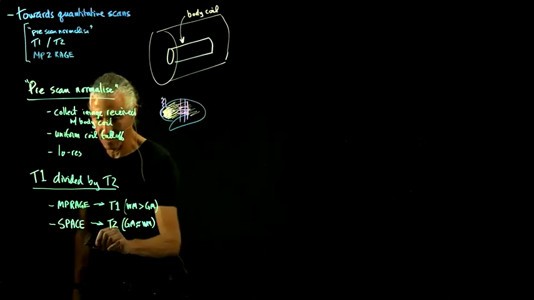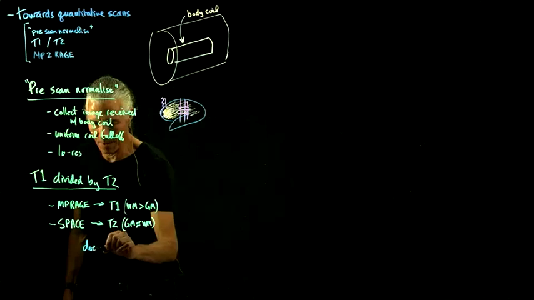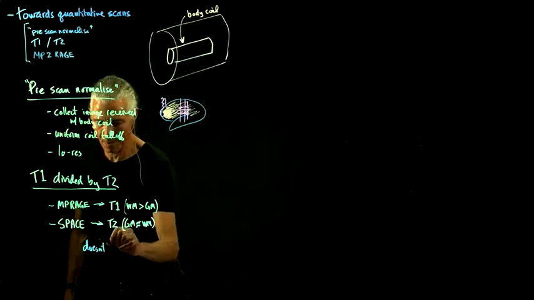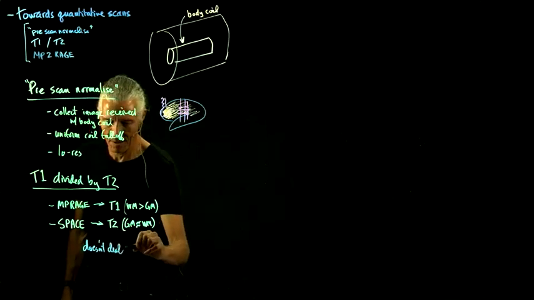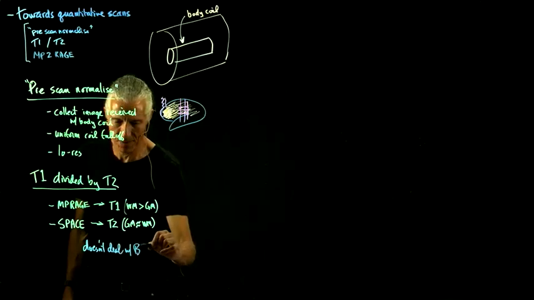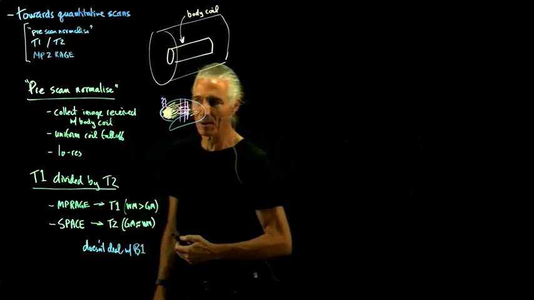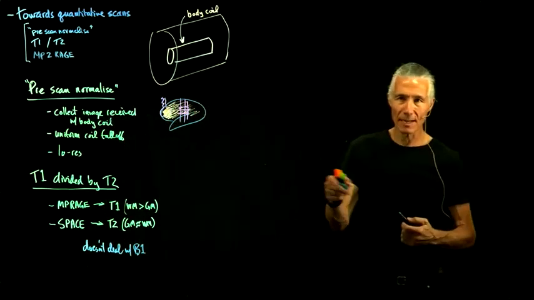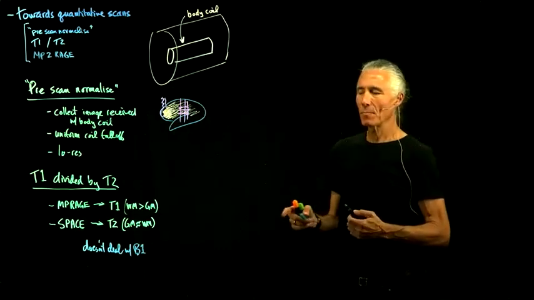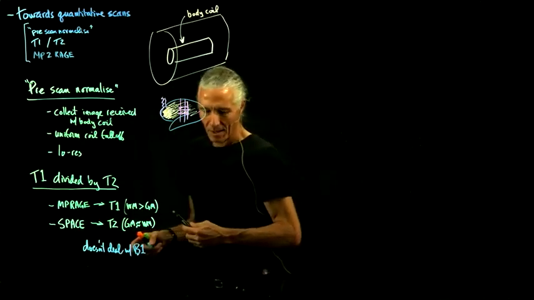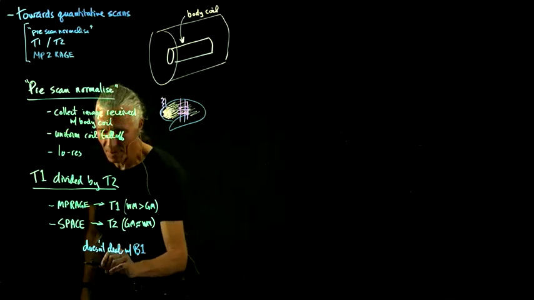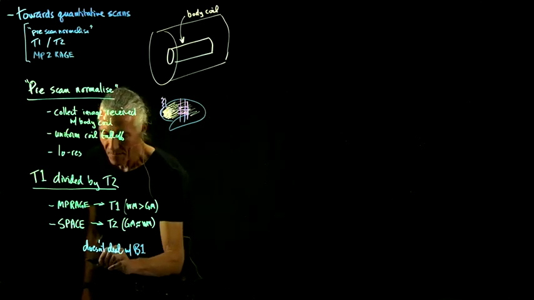It doesn't deal with B1. So there's still these B1 differences that are causing differences in contrast in different parts of the image, and then it also has the problem there's different distortion.